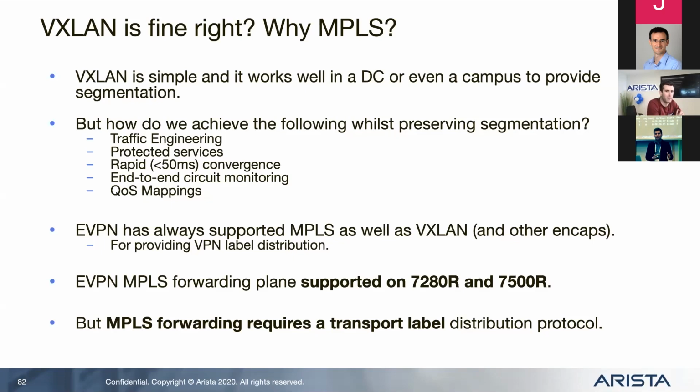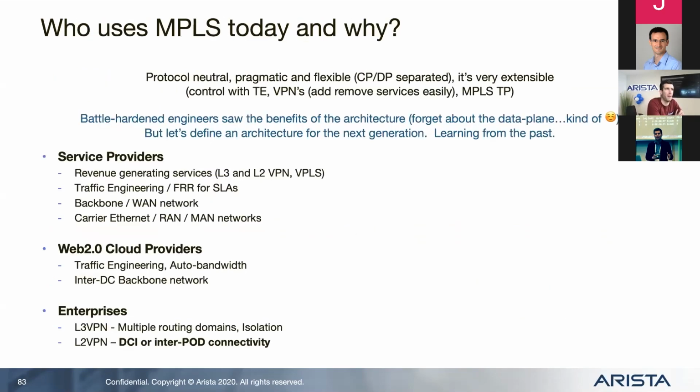Of course, EVPN is providing the VPN distribution over MPLS, but you need some way of transporting this traffic, and that's where an MPLS transport label distribution protocol is needed. So, who uses MPLS today and why?